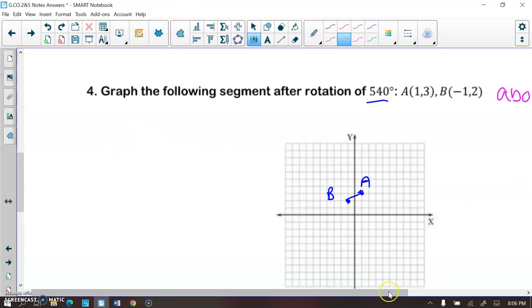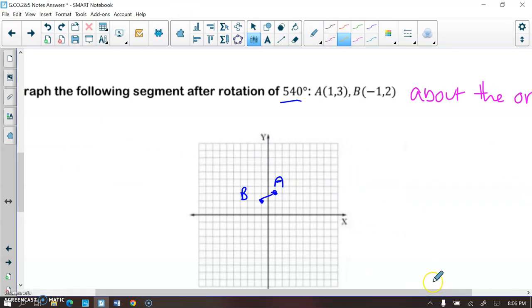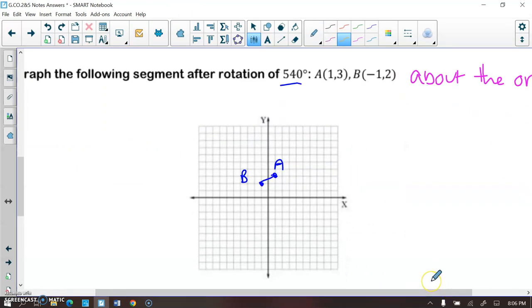Since 540 degrees is greater than 360 degrees, that means there's at least one 360 degree rotation within this 540 degree rotation. If I subtract a 360 degree rotation, that leaves me with 180 degrees. So technically this 540 degree rotation is just a 180 degree rotation about the origin.